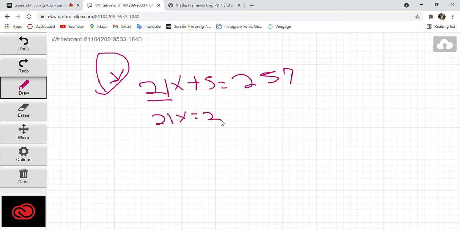257. As I said, bring the operation around. Plus becomes minus, minus becomes plus. Same thing. Why do I keep writing it the other way around? Sorry, I'm so sorry. 257 minus 5. And then we bring down this operation. So the answer, 21x equals 252.